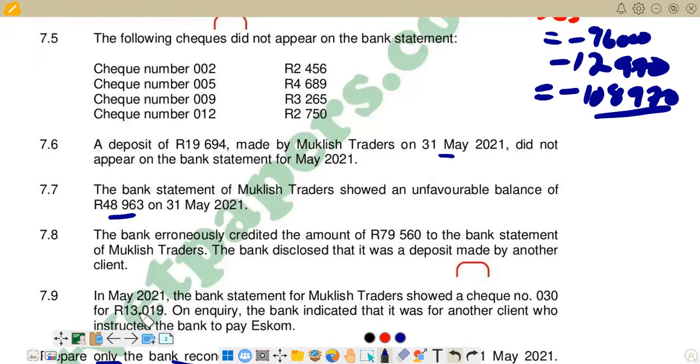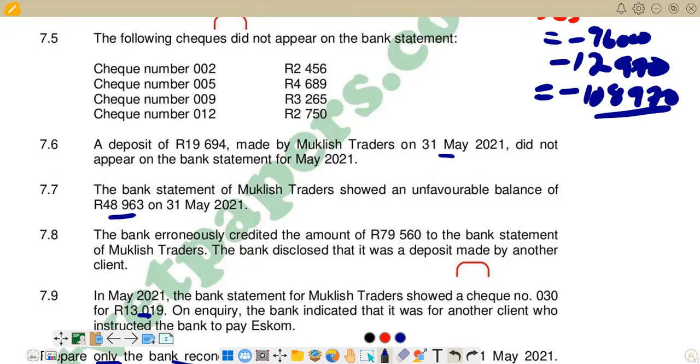Right, you see now this is a payment that was there, so it means this amount was debited, but it was an error. It was not supposed to be debited in the account of Muklish traders. So what we are going to do is we are going to remove it again. It's on the debit side, so by removing it, you go to the opposite side, that is credit, and then we enter the amount on the credit. We have removed it.